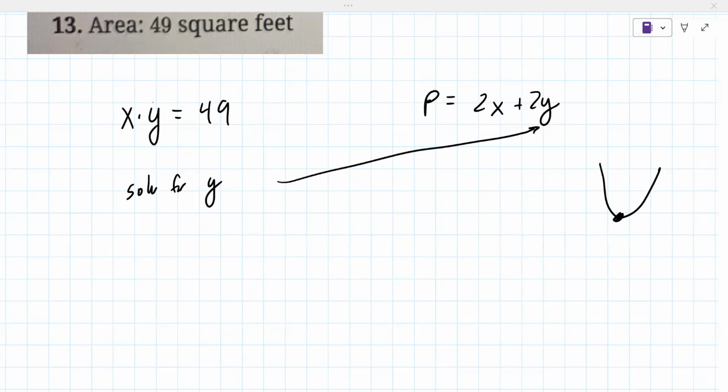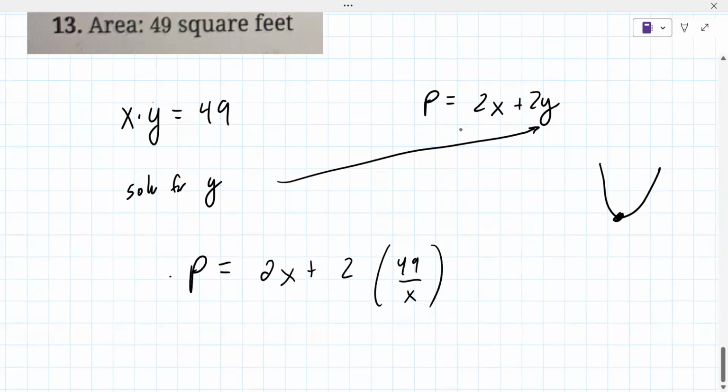How would we be able to tell the minimum on this graph? What is your equation? What did you get when you solved for y and put it in? It should be 2x plus 2 times 49 over x. Yeah, so you've got to zoom out, but you can do a second alpha min on your graph.